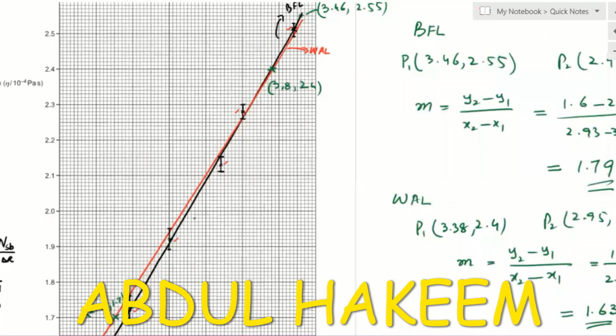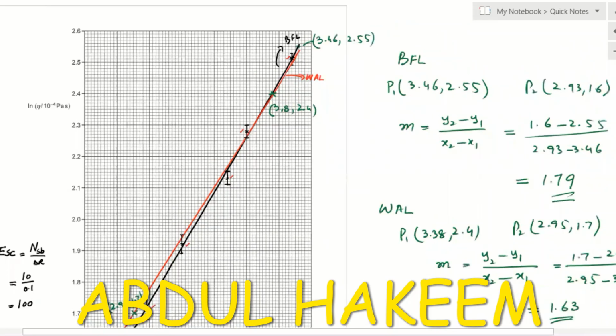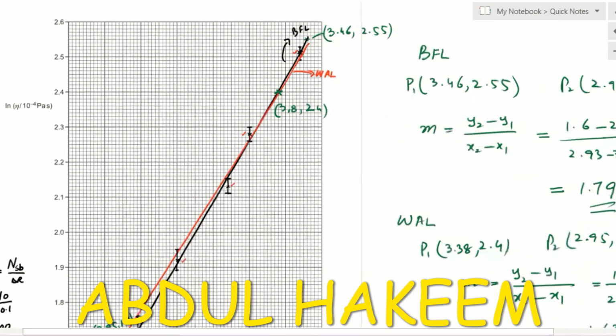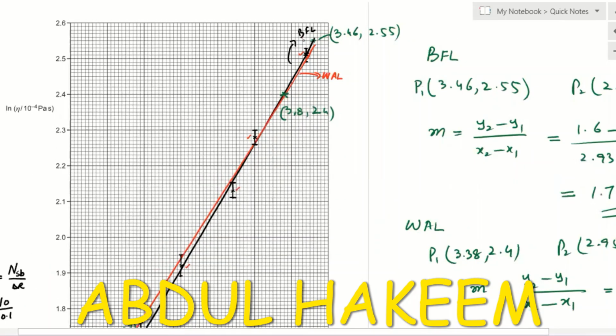This black line is the best fit line, and it is represented by this arrow, meaning it is labeled as BFL, best fit line. So similar to the paper 3 practical, you have to draw the best fit line from these points after plotting.